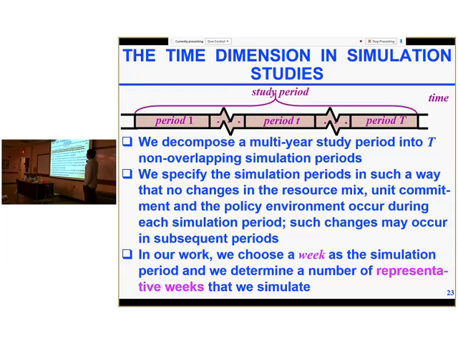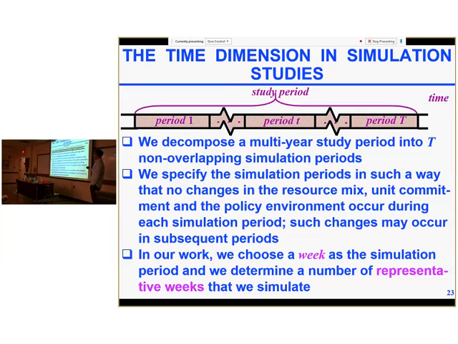But we should see that the time frame used in the model should be the same as the time frame used in the simulation study. We decompose the multi-year study period into T long overlapping simulation periods. In each simulation period, we assume that there are no changes in the resource mix, unit commitment, and policy environment. Such changes may happen in the subsequent periods.